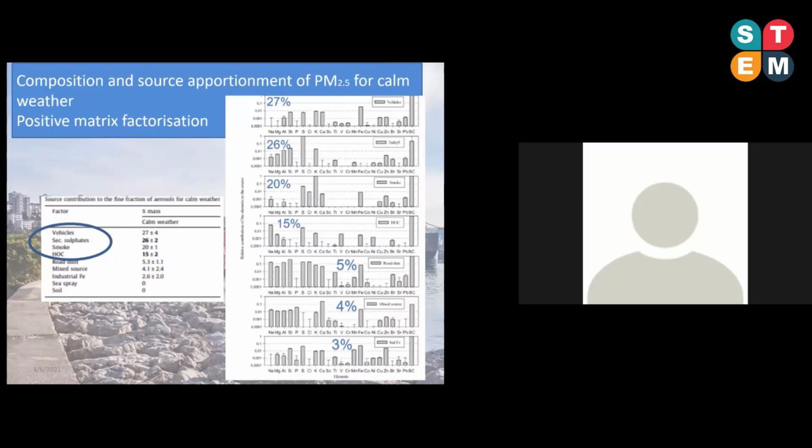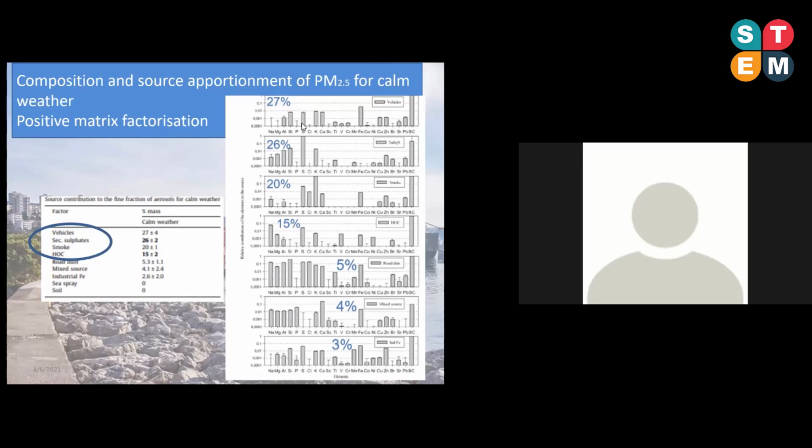Factor 1, vehicles. This factor was dominated by black carbon, iron, potassium, calcium, and silicon. The emission of iron is a typical indicator of engine wear. Copper and zinc indicate car brakes.